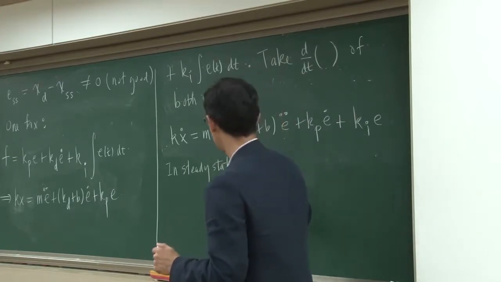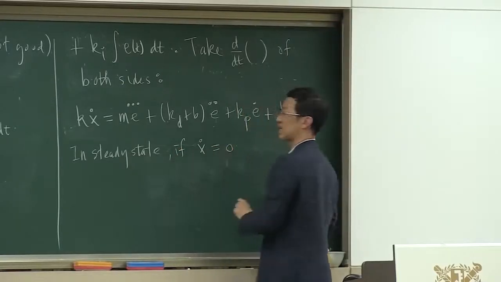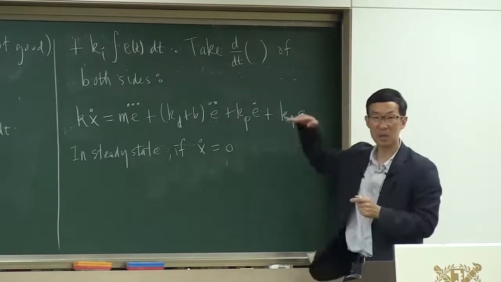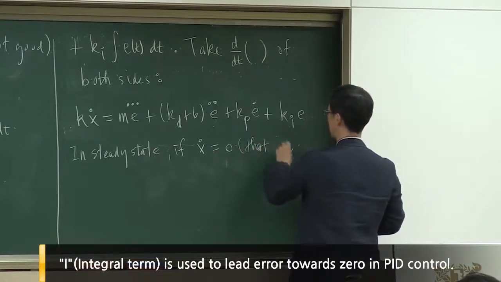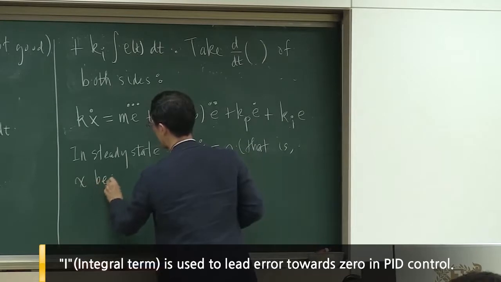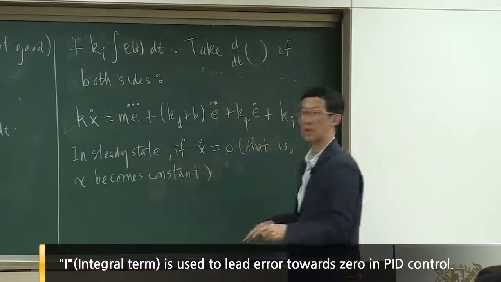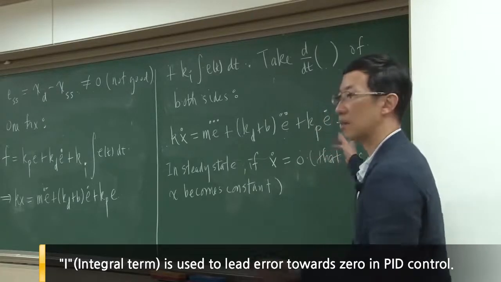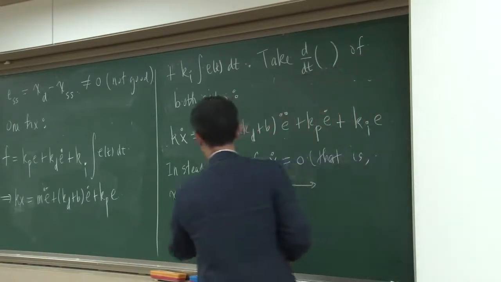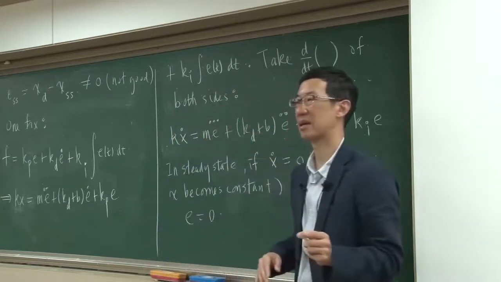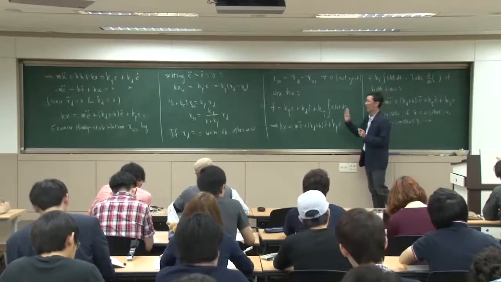Now, if x dot equals 0, that is, it goes to some constant value, x becomes some constant, whatever it may be. Then what do we get? 0 equals 0. We get e equals 0 as desired.